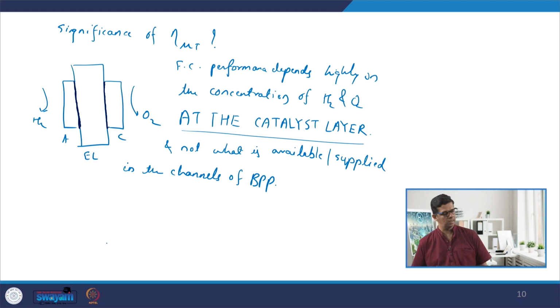So, in other words, let us say we are supplying some concentrations of hydrogen and oxygen in the bipolar plate. So, that is not important. What is important is what is available at the catalyst sites, or what is available at the catalyst layer, both at anode as well as cathode. That is what defines the performance of the fuel cell.